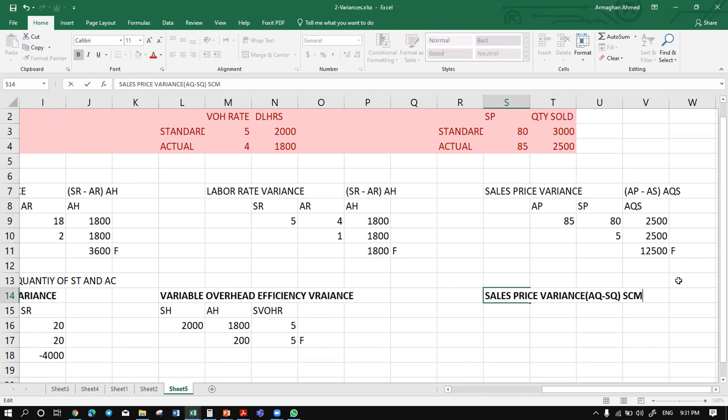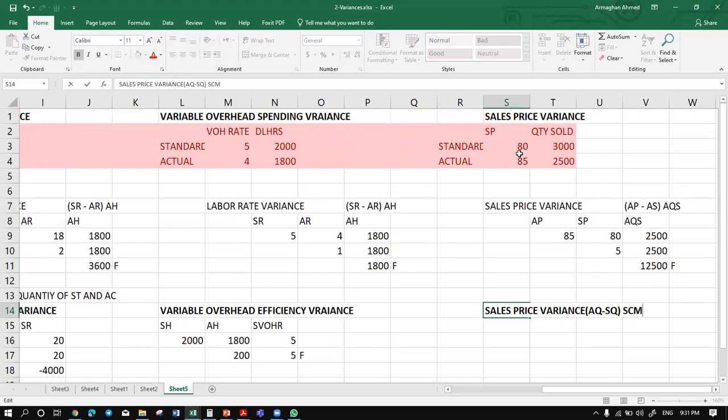So in calculating sales volume variance, the sales price is given, but additionally we need the standard contribution margin.